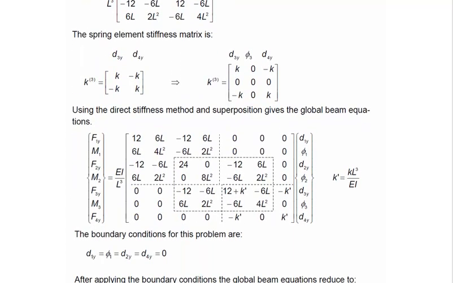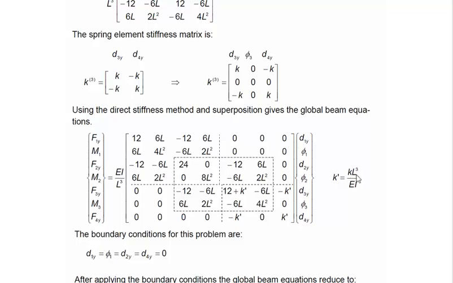For that purpose, we can multiply and divide this matrix with EI over L cube. We'll keep EI over L cube outside, and we'll take L cube over EI inside, right? So that's what is written here. Now the entries of this matrix will become K prime, minus K prime, minus K prime, and K prime. And what is K prime?